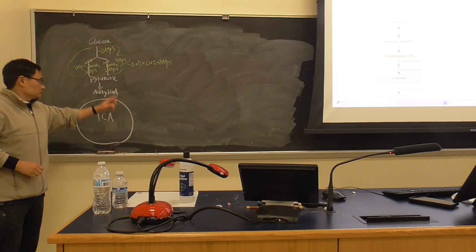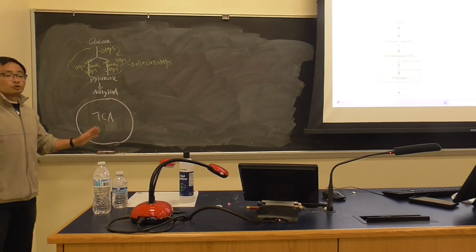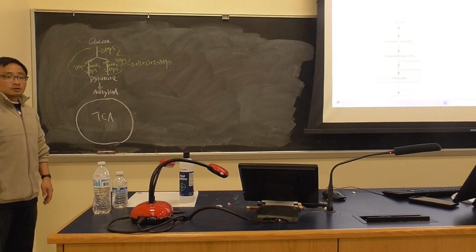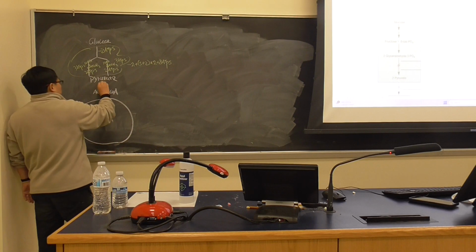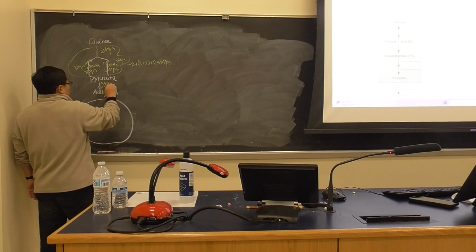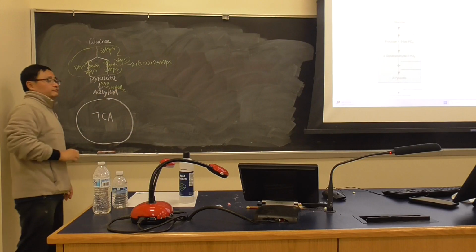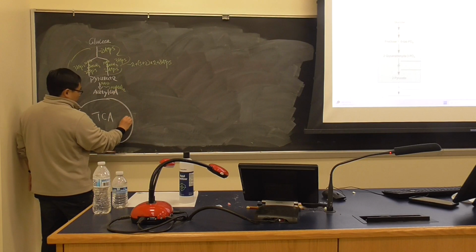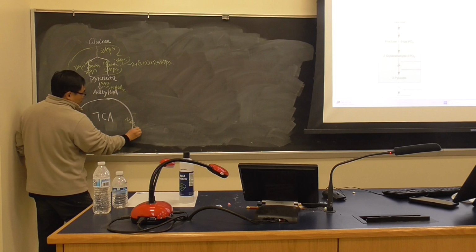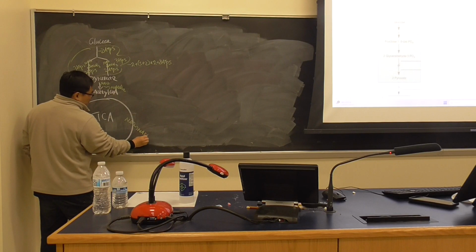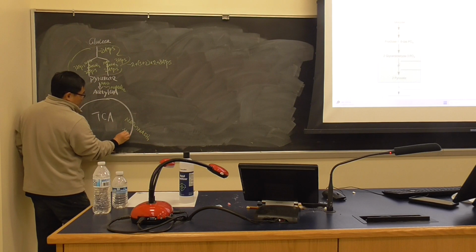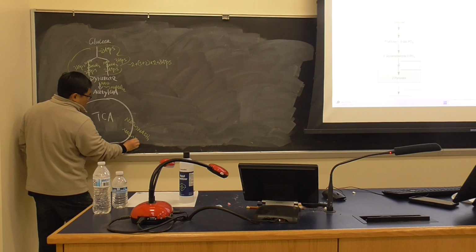Okay, now go here. What do we need to find? We need to find the places where NAD is reduced to NADH2 and FAD is reduced to FADH2. So where are they? Right here, there is NAD reduced to NADH2. There's another NAD reduced to NADH2.